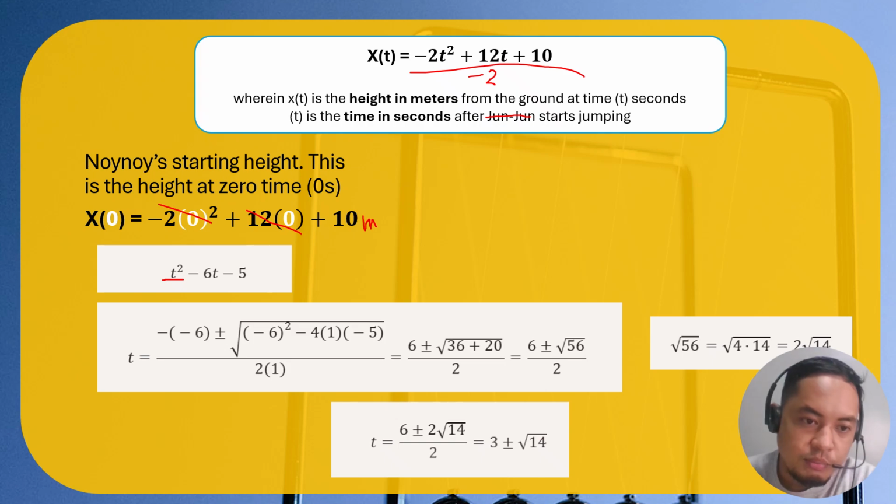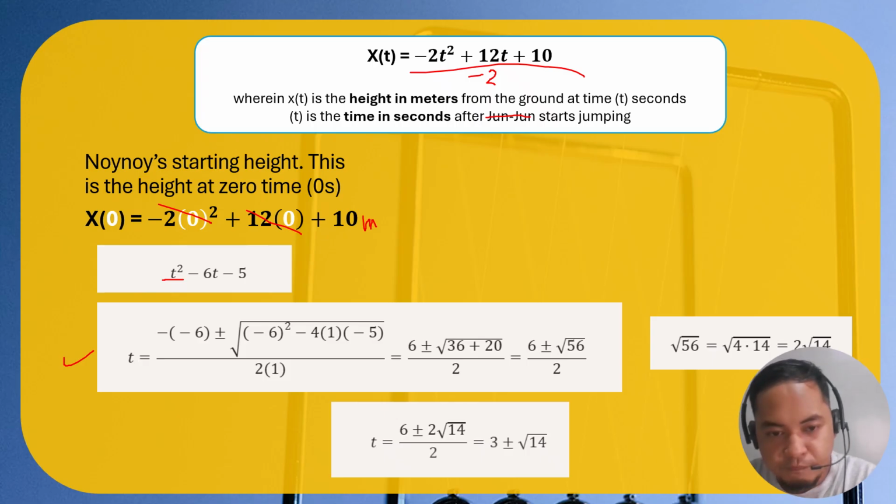By that, you can apply the quadratic formula. It goes like this. Later on, you can study the steps in detail. And if you're wondering about this square root of 56, we can still further break it down by getting its factors. The square root of 56 is equal to the square root of 4 times 14, because 4 times 14 is 56.